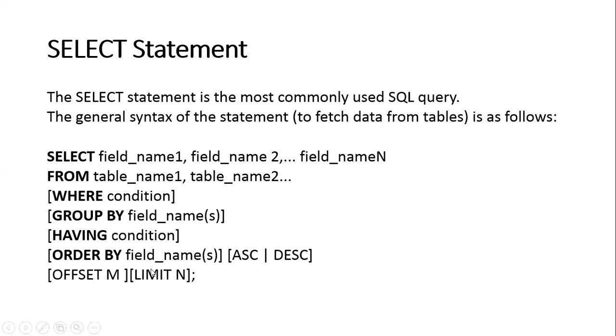For example, if you want to limit the number of rows displayed at a time to 100, you just simply say limit 100, something like that. The offset is used to indicate the row number to start from.